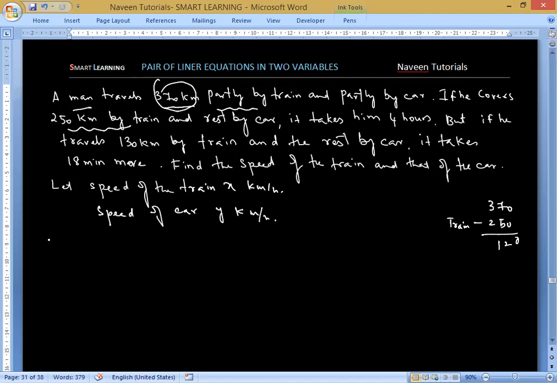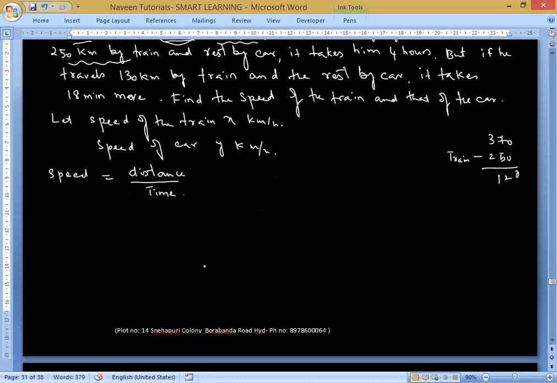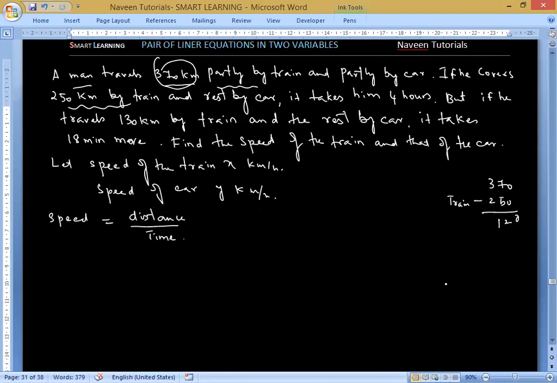So then speed is equal to distance by time. So 250 kilometers is traveled by train and 120 kilometers by car, right?